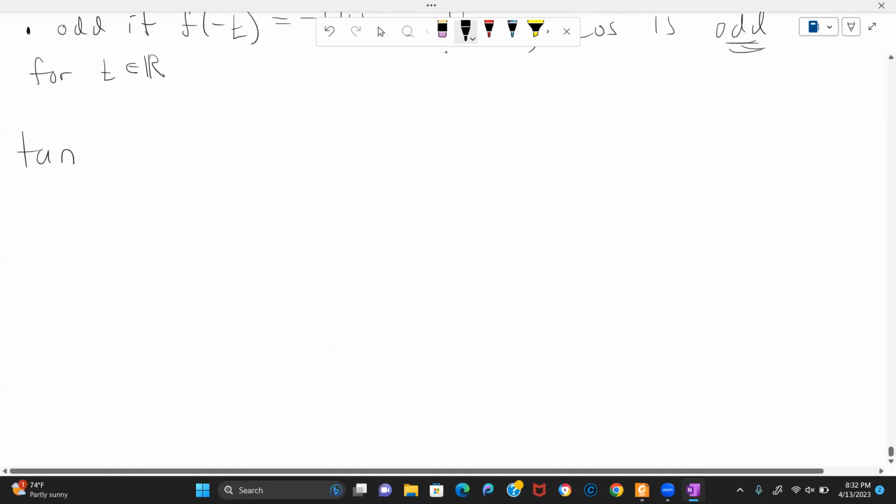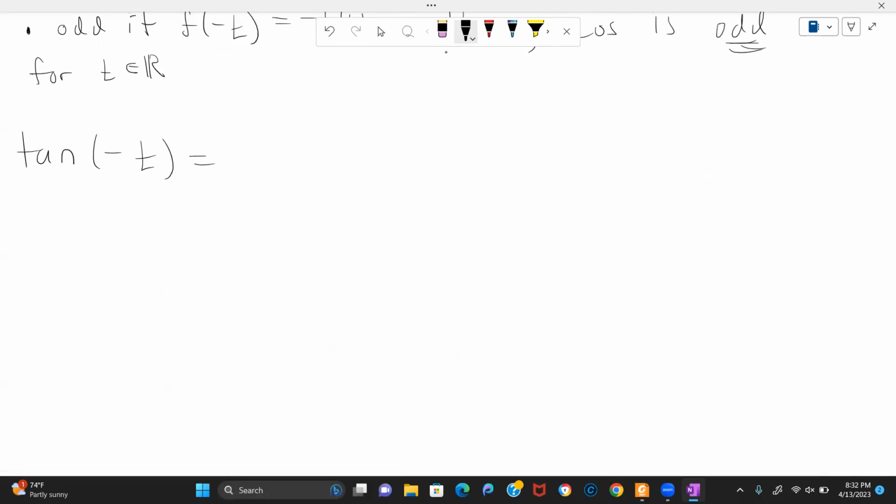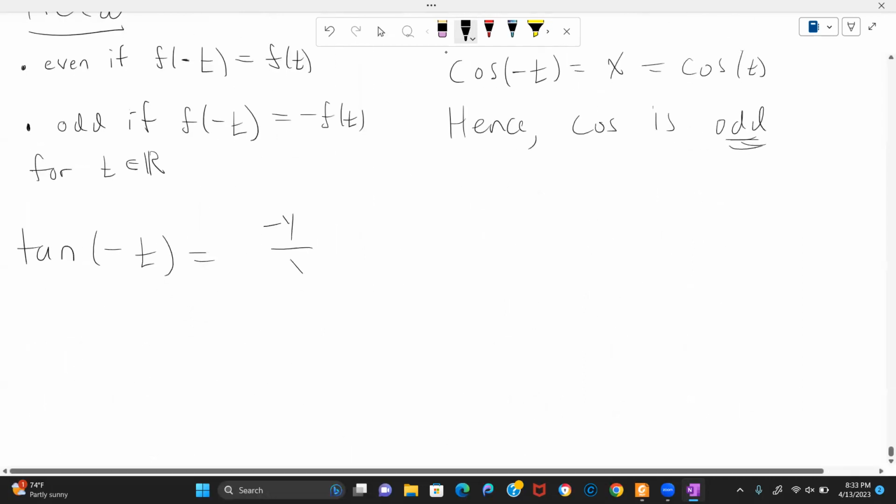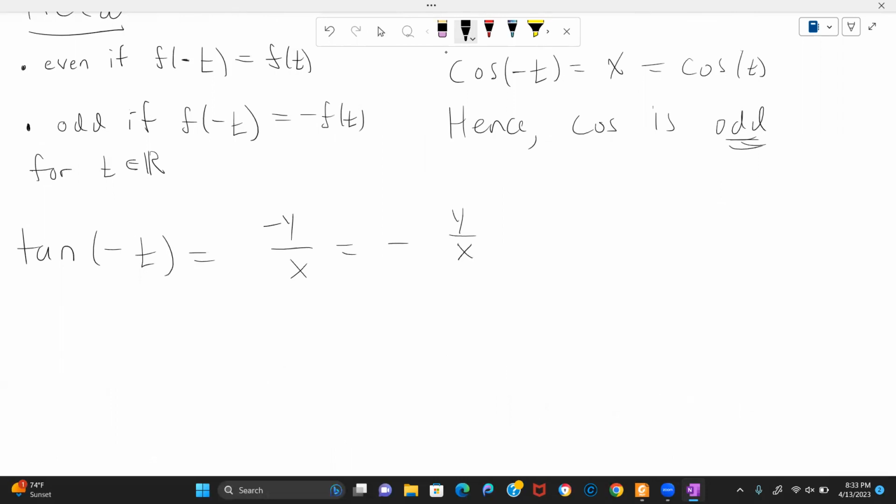And finally, what about the tangent of negative t? We want to determine what that is. Well, by definition, negative t determines this point right here. So it's going to be the y coordinate over the x coordinate. The y coordinate is negative y, and the x coordinate is just x. So this is going to be negative y over x.